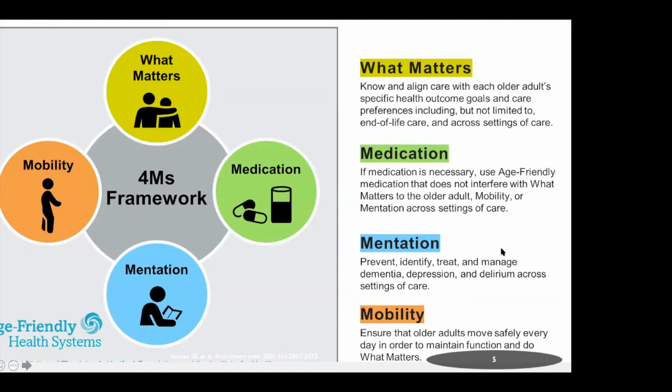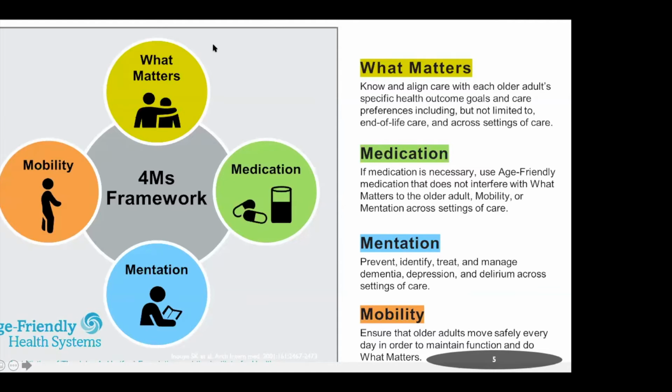And so I want to also begin my talk by really challenging you. Is your system of care, wherever you are, whether you're an aging service case manager or you work in community mental health or in a primary care setting as a nurse, is your health system age-friendly?